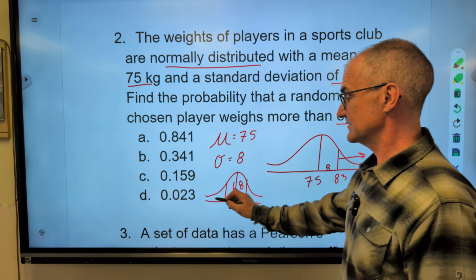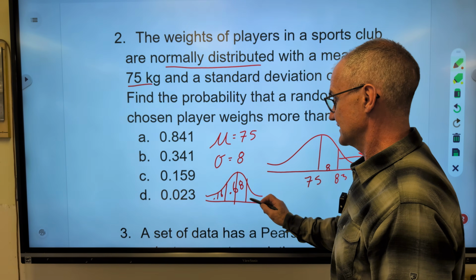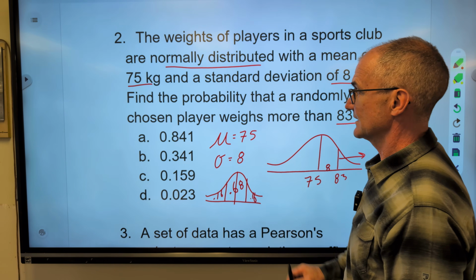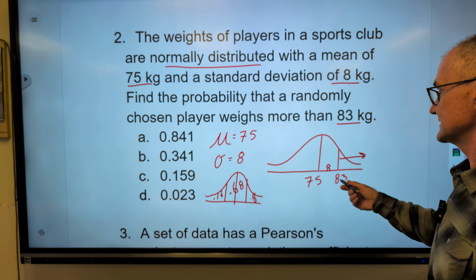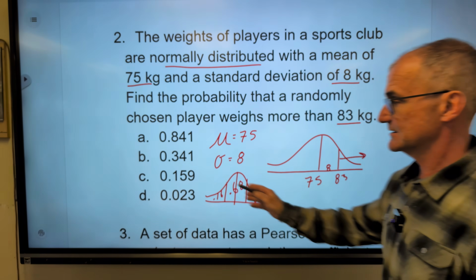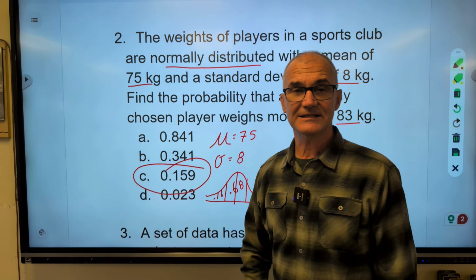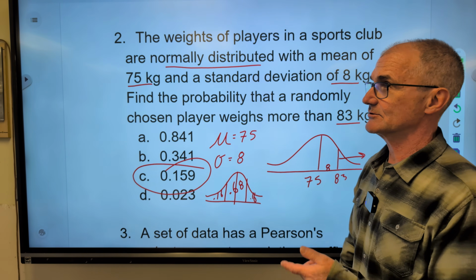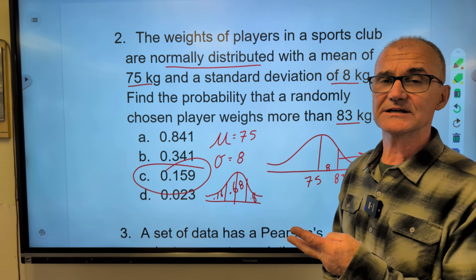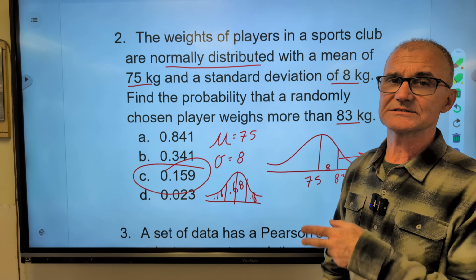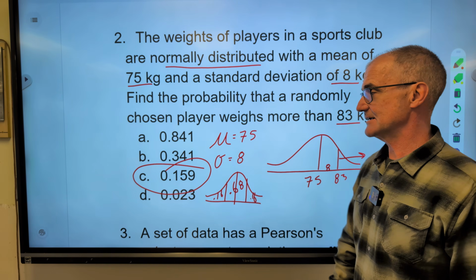Half of 32 is 16 and 16. And it is saying more than that 83. It's going to be 16%. Answer C right there. Remember that empirical rule is 68, 95 for 2 standard deviations, 99.7 for 3 standard deviations.